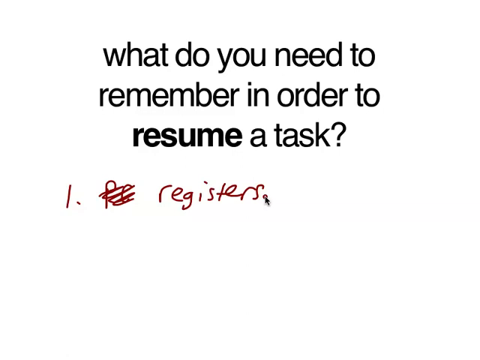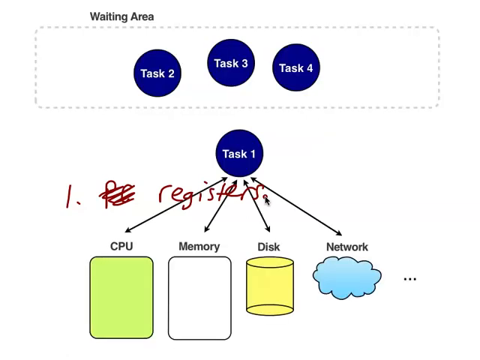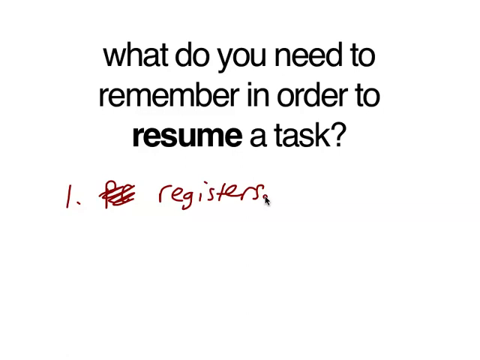Think about what other things a task needs. Registers are for the CPU. What other things might you want to store? Files that are currently open? Very good. For example, a task might be reading and writing to a file.